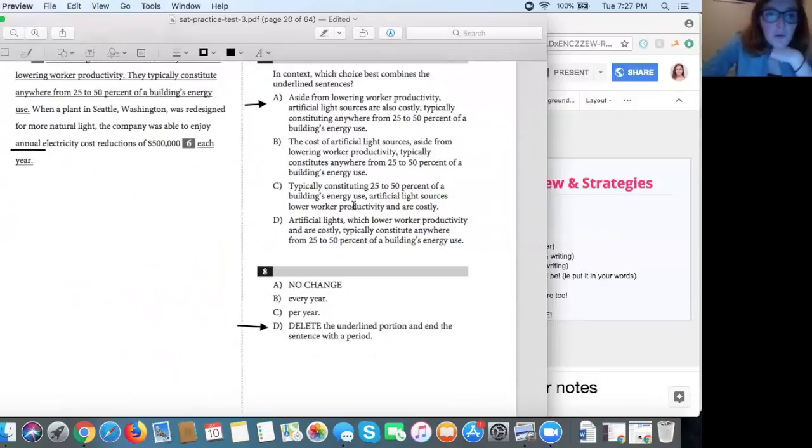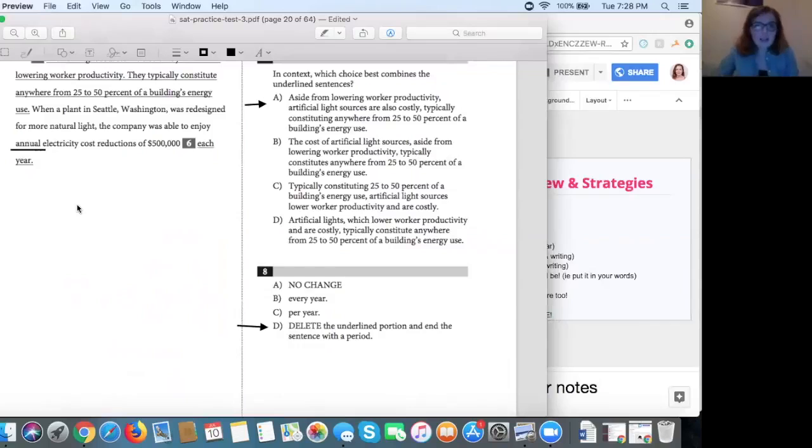So there are two great ways to write this sentence. Was able to enjoy annual electricity cost reductions of 500,000, or was able to enjoy electricity cost reductions of 500,000 each year. But because annual is already baked into the sentence, we need to adjust so that it's not too redundant.